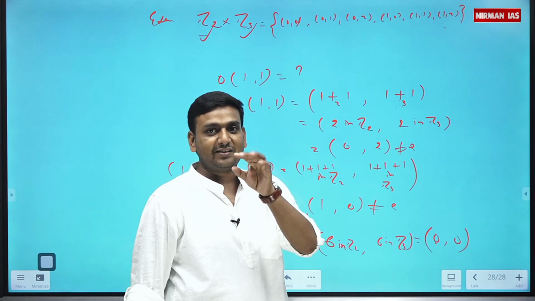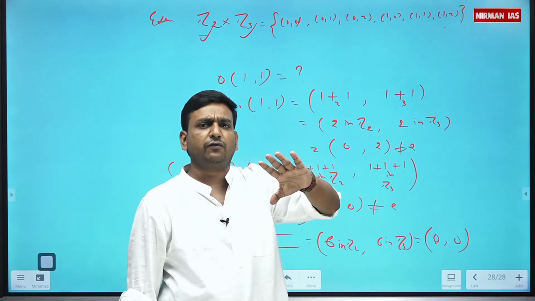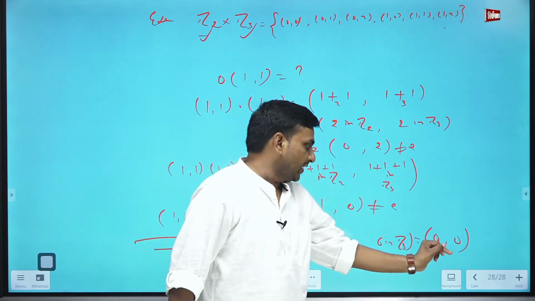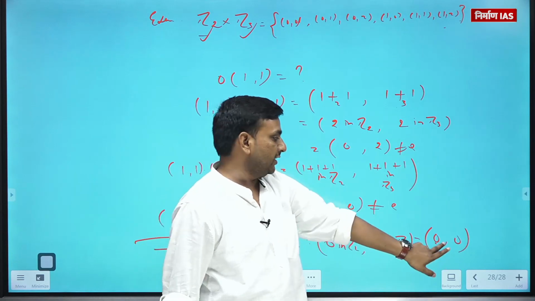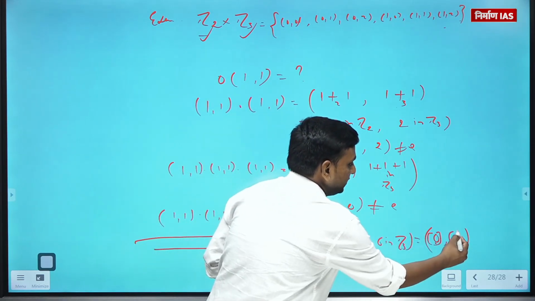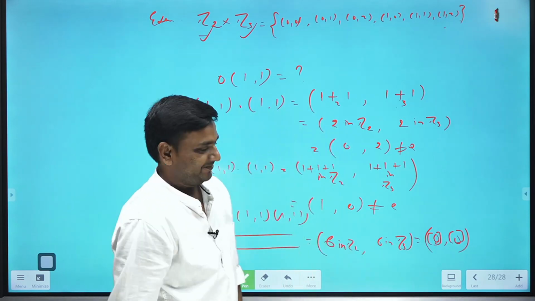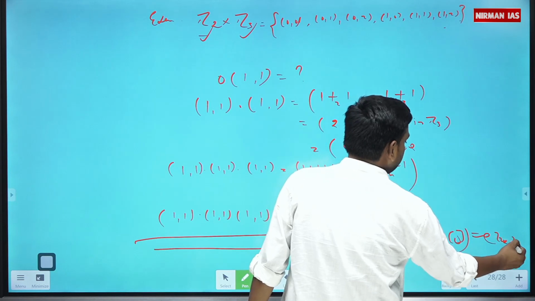Is that clear? Z3 is addition modulo 3, which is altogether a different composition, and Z2 is addition modulo 2, altogether a different composition. You cannot say these zeros are the same. This is the 0 of Z2 and this is the 0 of Z3. Getting? So this is the identity element of Z2 cross Z3.